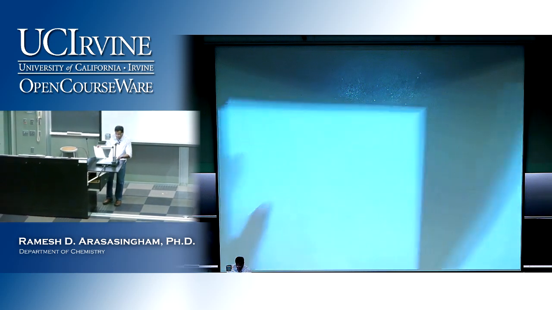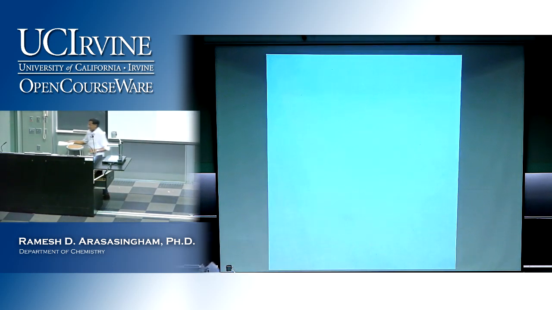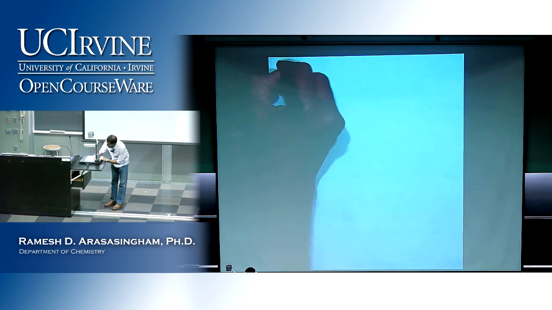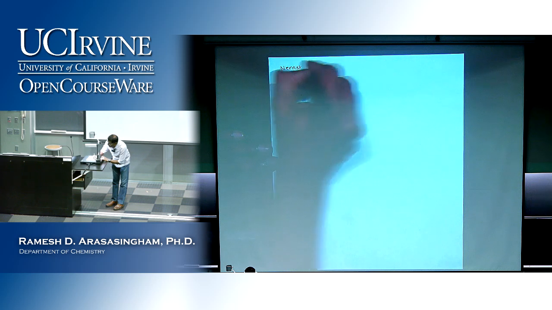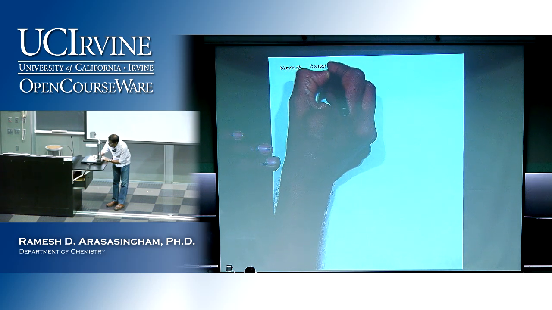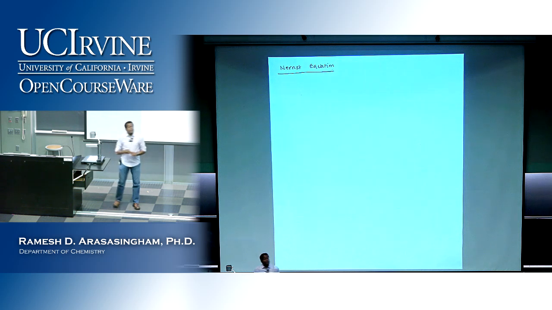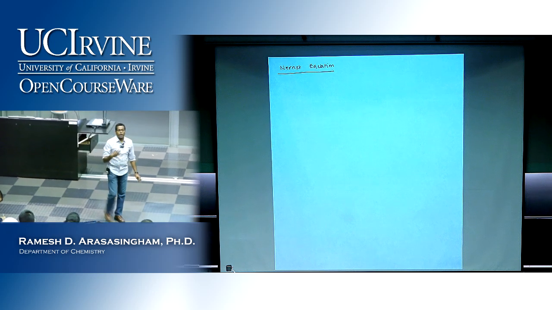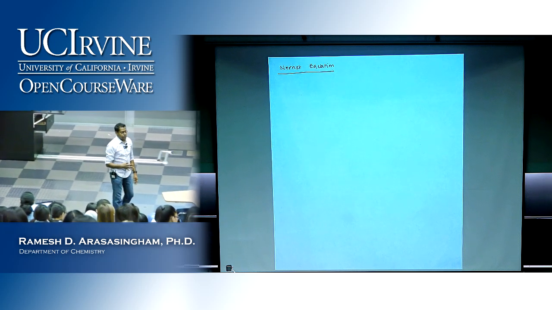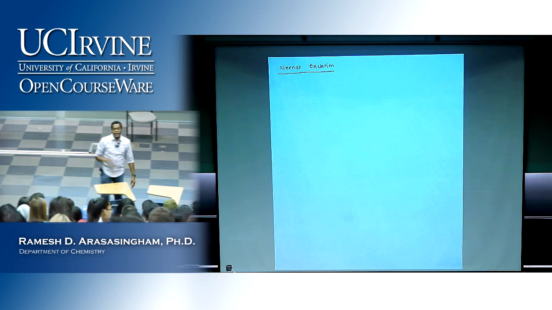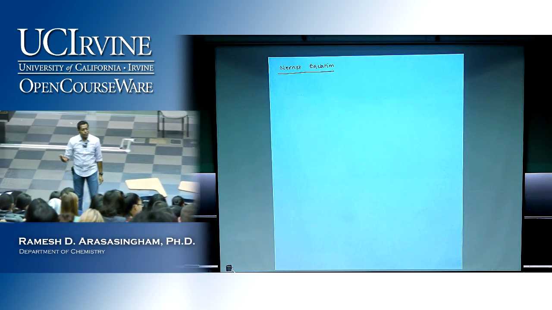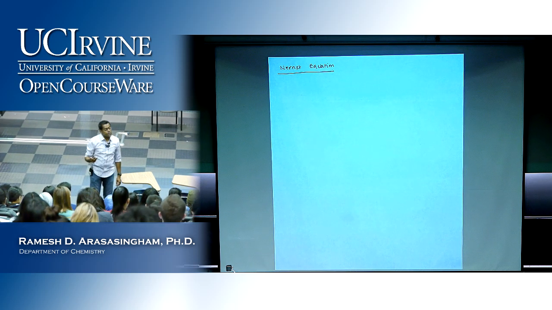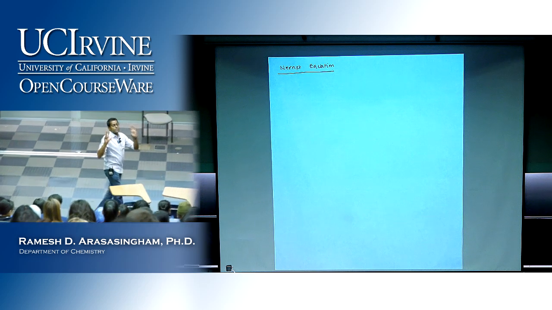Okay, so now we move on to the last topic we want to look at when we deal with galvanic cells, and that is what we call the Nernst equation. When we started looking at galvanic cells, we talked about the fact that for any battery or galvanic cell, as the battery is being used up, at some point the battery gets spent. Usually when we deal with galvanic cells, we start under standard conditions.